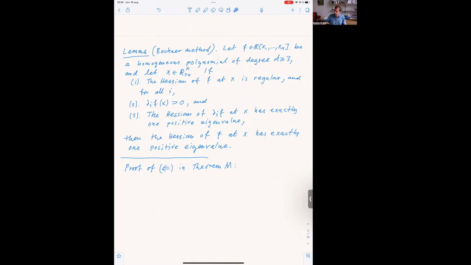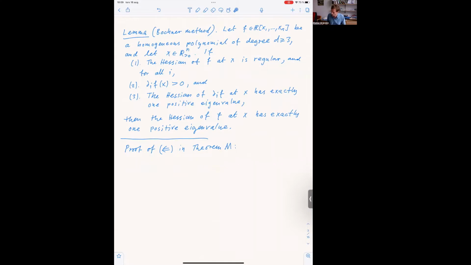It sort of makes us use induction, because if the Hessians of all the derivatives have exactly one positive eigenvalue, and we have this positivity, and we have this regularity, which we will have for free, then actually F will have exactly one positive eigenvalue too. So we will use this.